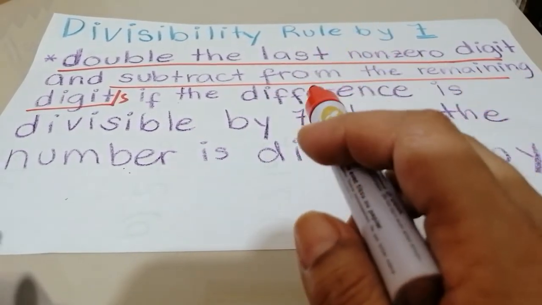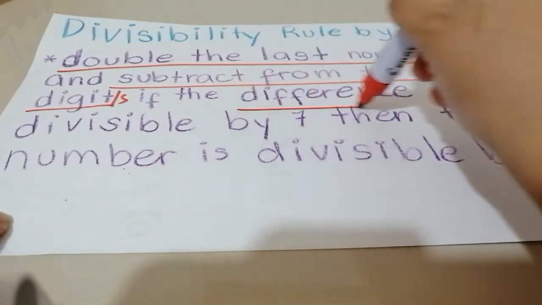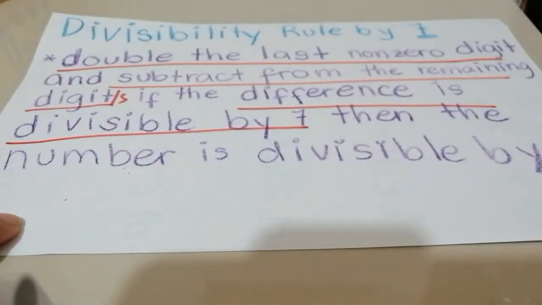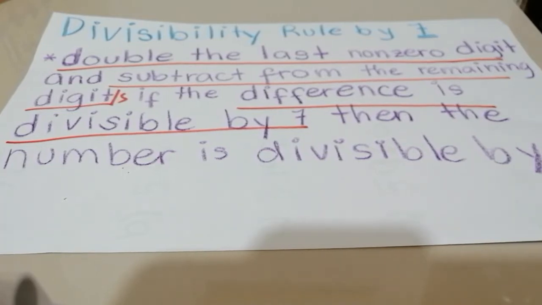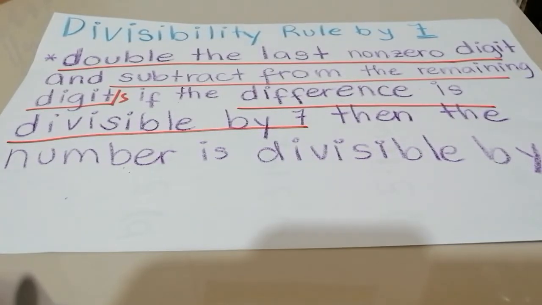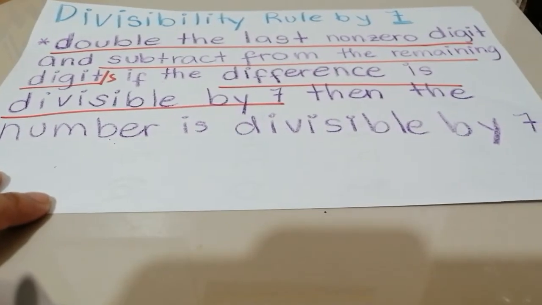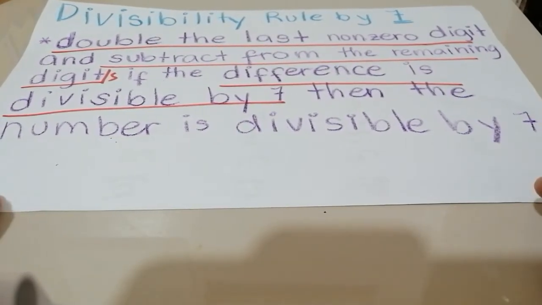And then, if the difference is divisible by 7, meaning the remainder is 0, or in other words there should be no remainder, then the number is divisible by 7.